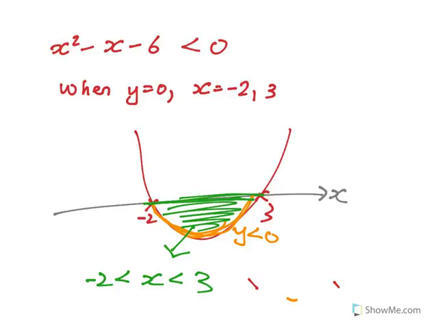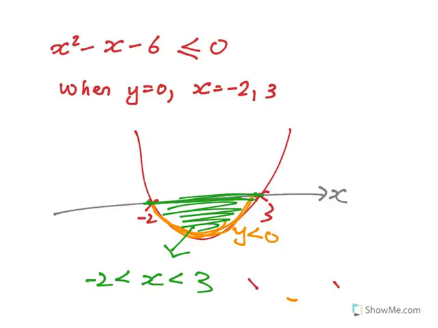But let's say I put an equal sign in the inequality. How will you change the answer? It means I also include equal to 0. If this one is equal, it means y can be 0. So what will happen to the answer?